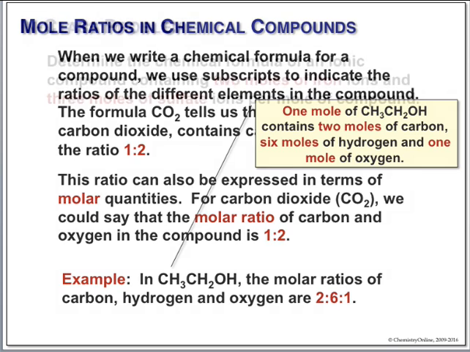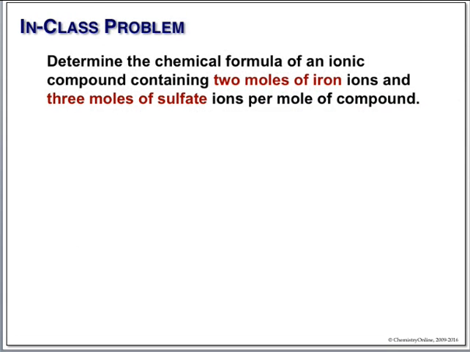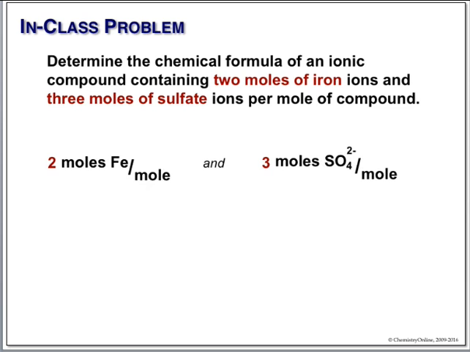So let's do a simple problem. Here I have an ionic compound with 2 moles of iron and 3 moles of sulfate. Go ahead and write the formula. Well, we have 2 moles of iron and 3 moles of sulfate, right?